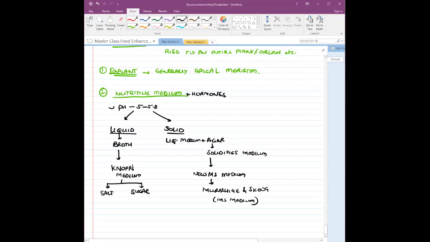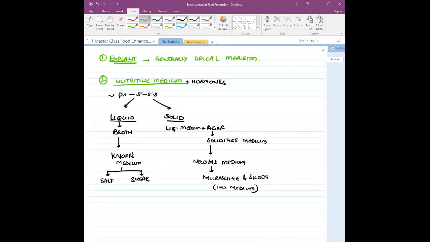So, first thing is that. But now, when we talk about the explant, what is the explant that we are going to really take? The explant can be of three different types. You can either use cells, and then we call this cell culture.